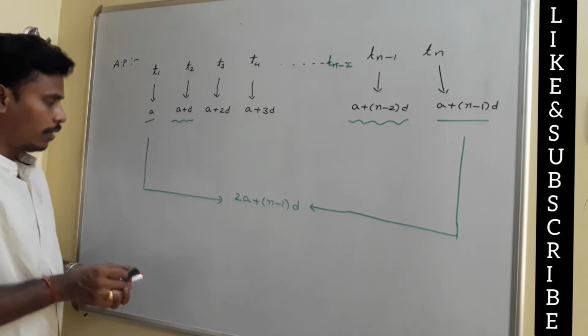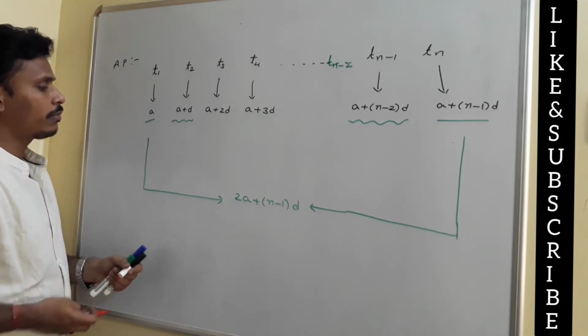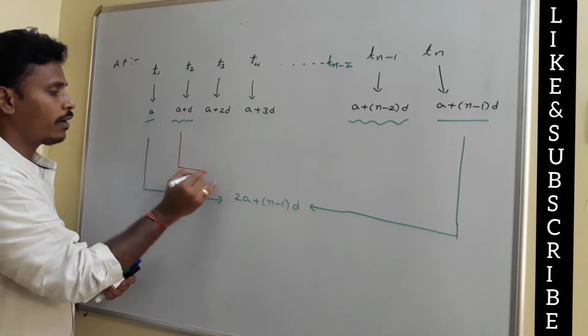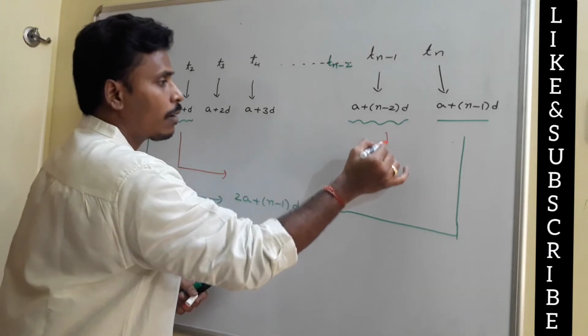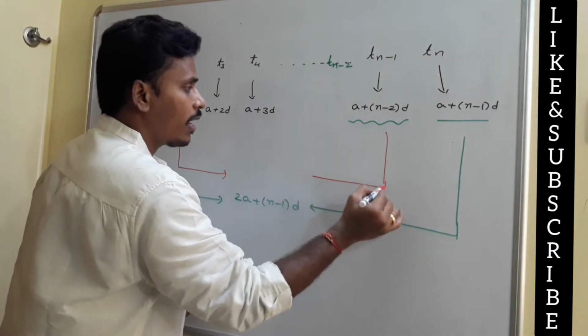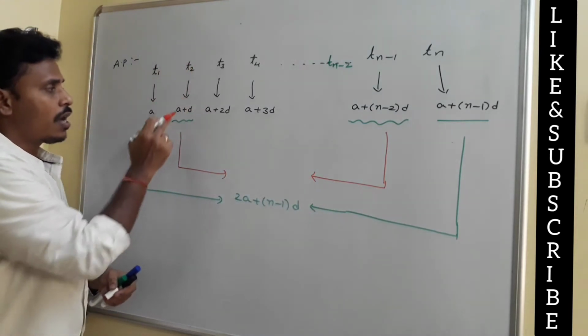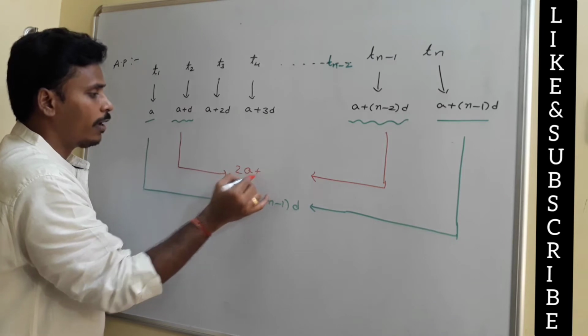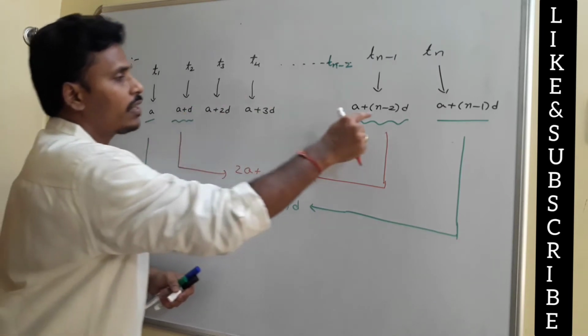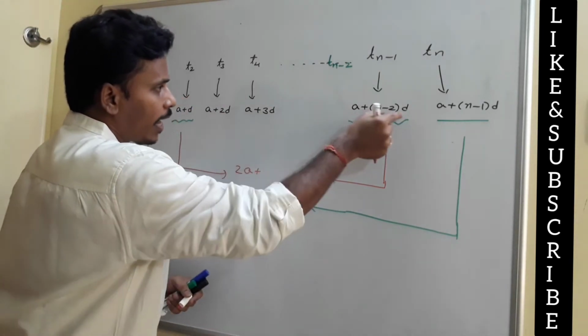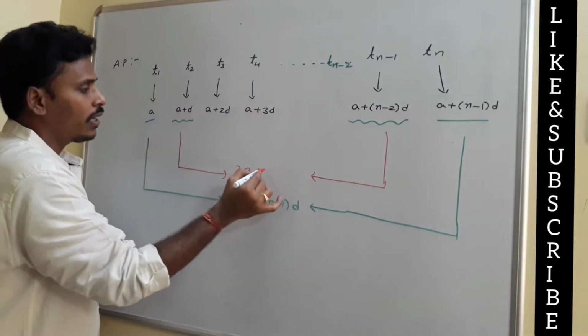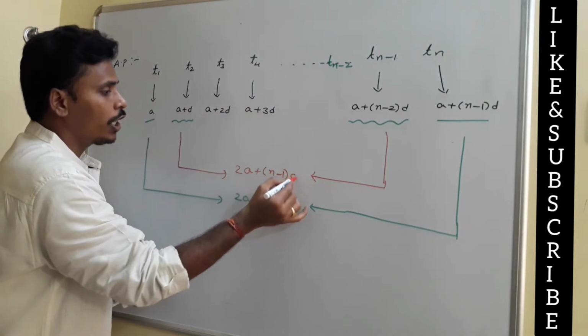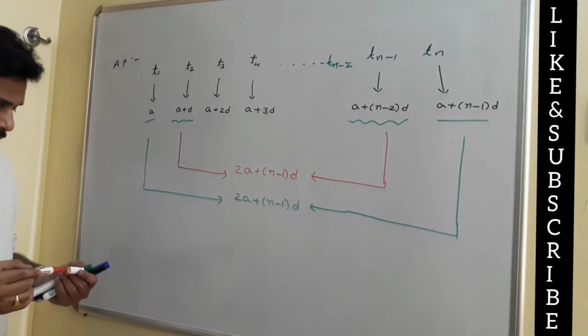And then, for example, look at this second term here, A plus D, and the second term from this end is A plus n minus 2 D. Now if you add these two, A and A is 2A, and this is 1D, and this is n minus 2 D. N minus 2 D plus this 1D again becomes n minus 1 into D. What do you say? Right? Clear?